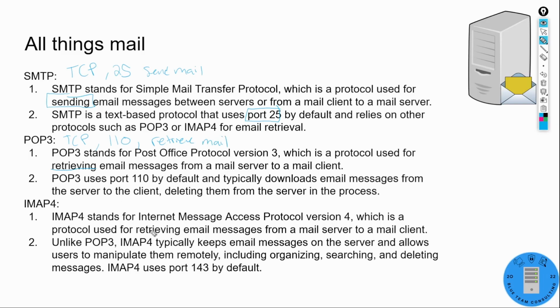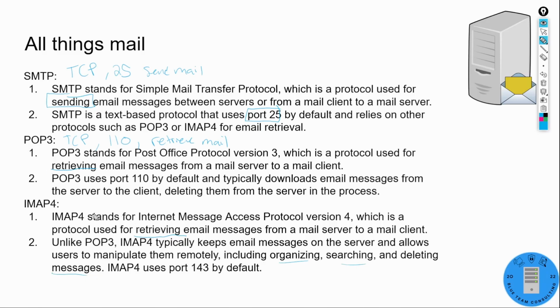IMAP4, this stands for Internet Message Access Protocol, version 4, and it's also a protocol used for retrieving email messages. And unlike POP, it typically keeps track of email messages on the server and allows users to manipulate them remotely, including organizing, searching, and deleting them.